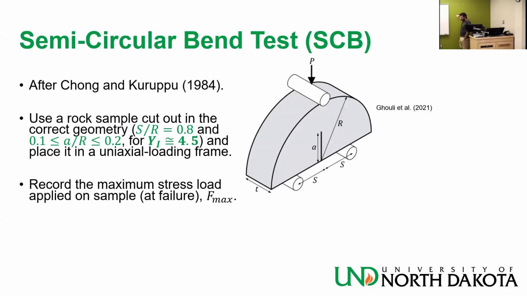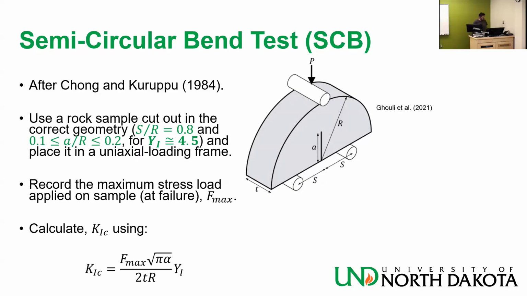We call this basically F max, and it's going to be a value in pound force, so 1200 pound force. Okay, good. Then I take this value 1200, put it in the equation, and calculate KIC.